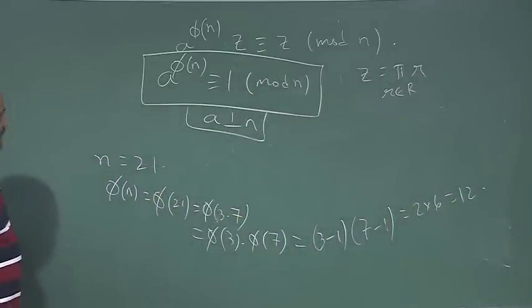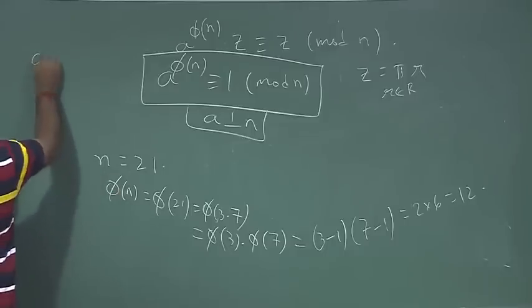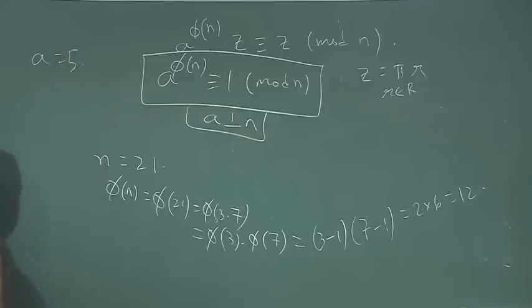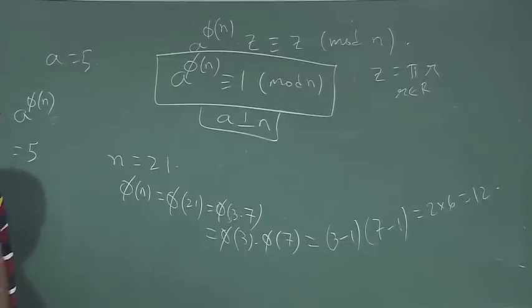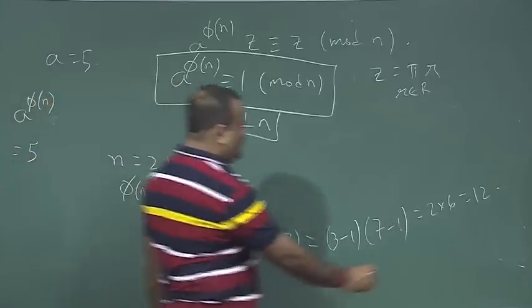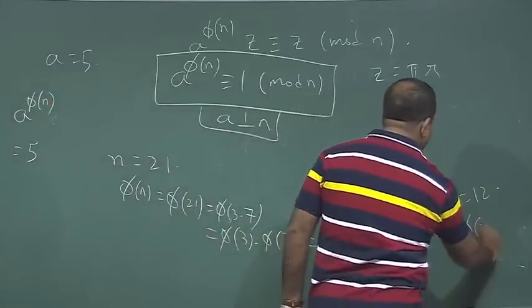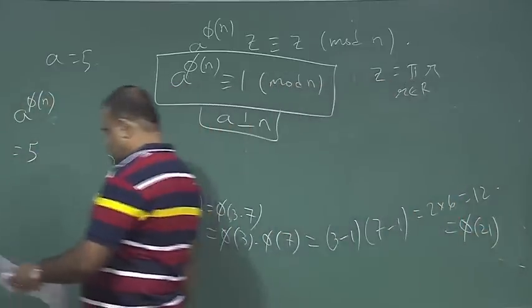Now, we take a which is relatively prime with 21. If we take a equal to 5, then a to the power phi of n is 5 to the power phi of 21, and phi of 21 is 12.